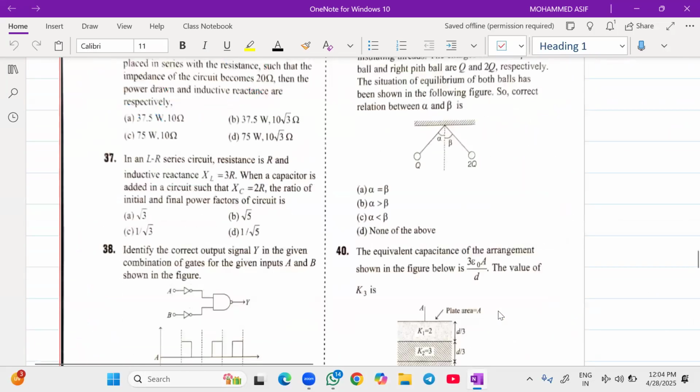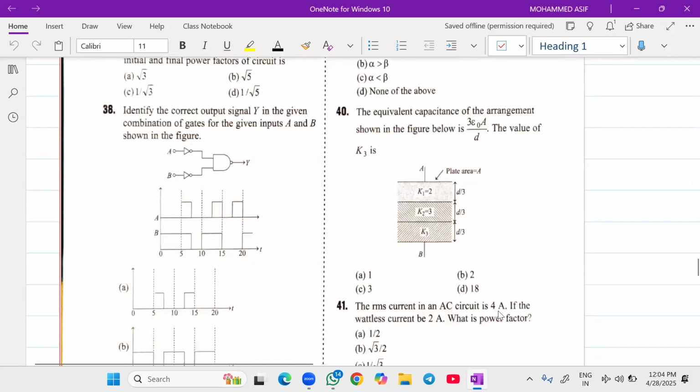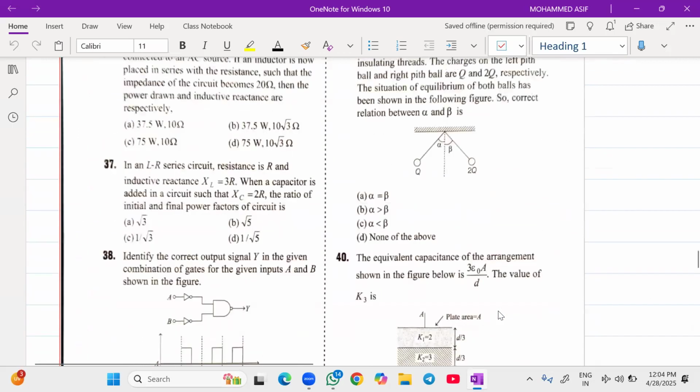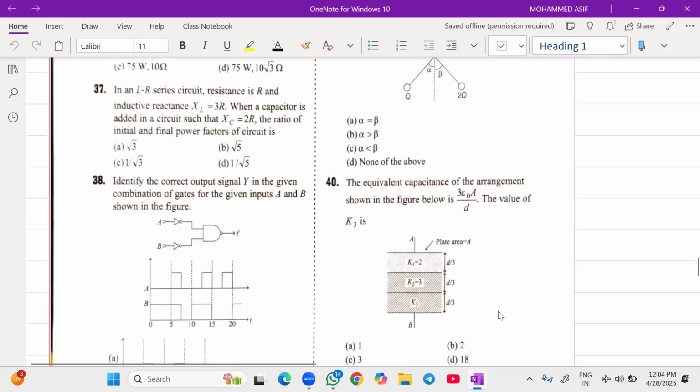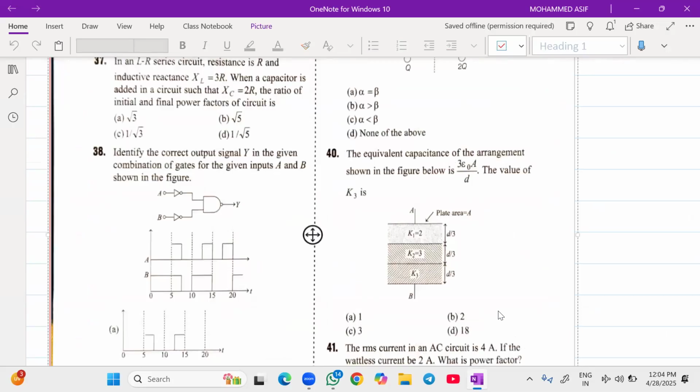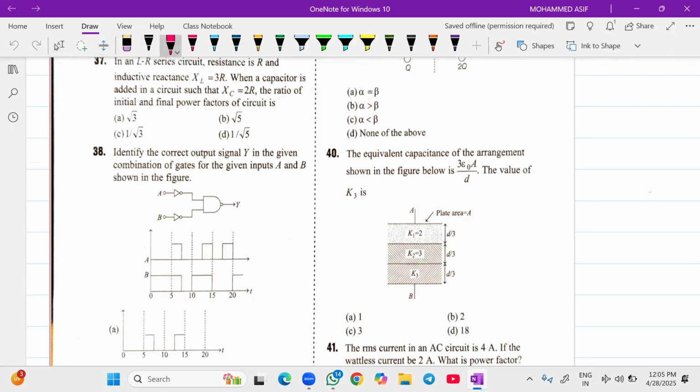Question number 38. Identify the correct output signal Y in the given combination of gates for the given inputs of A and B. If it is A, here it is your A bar.